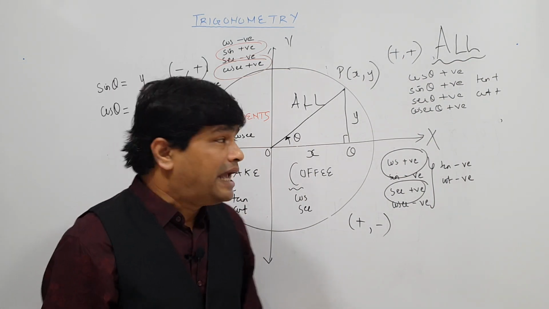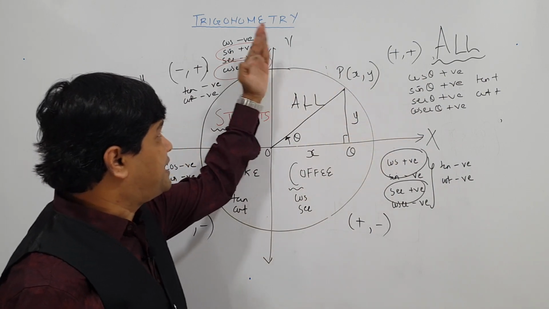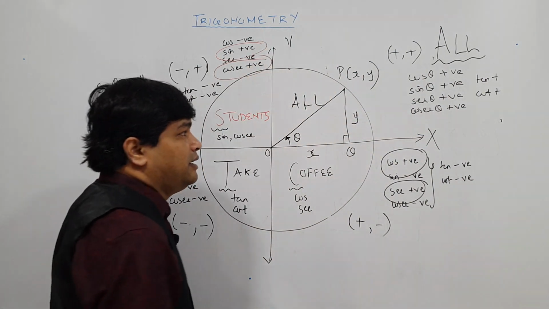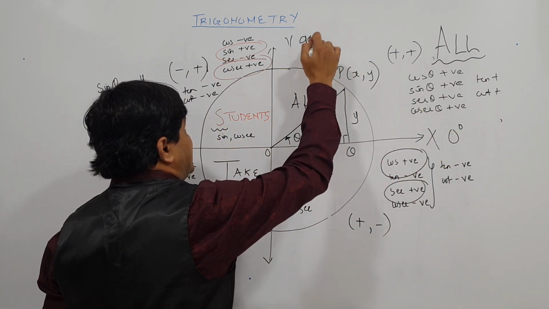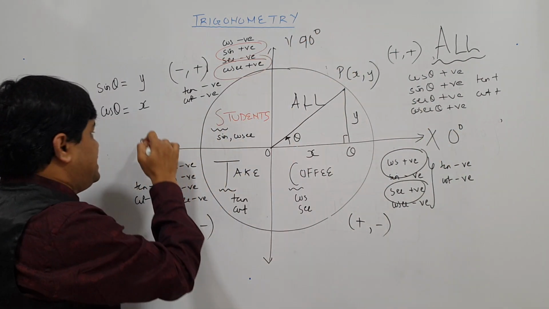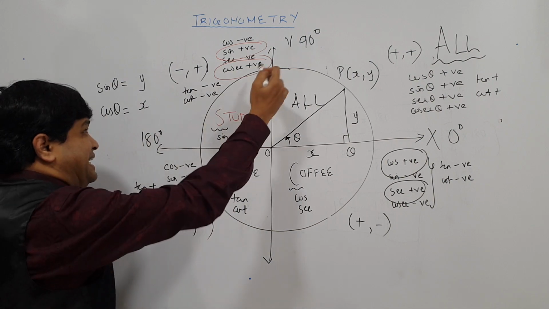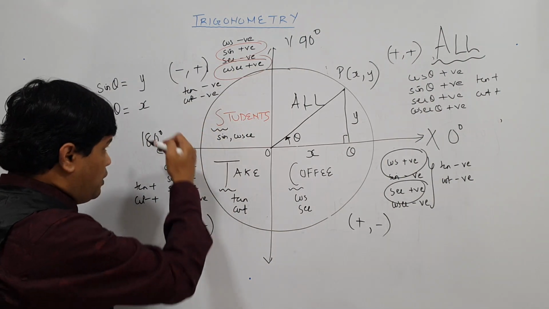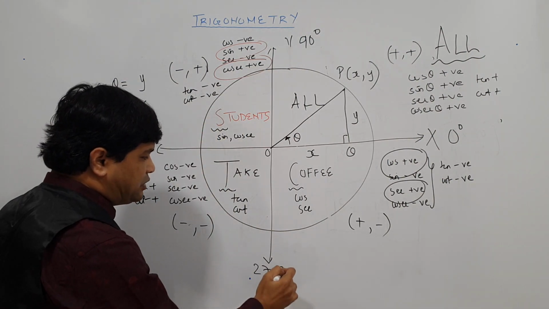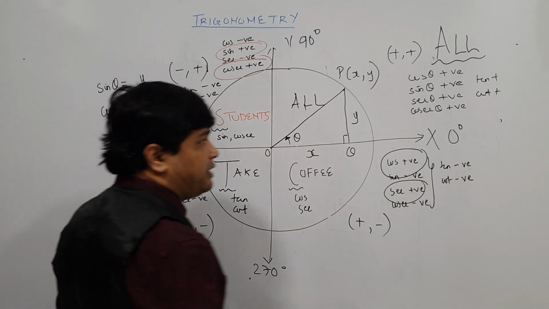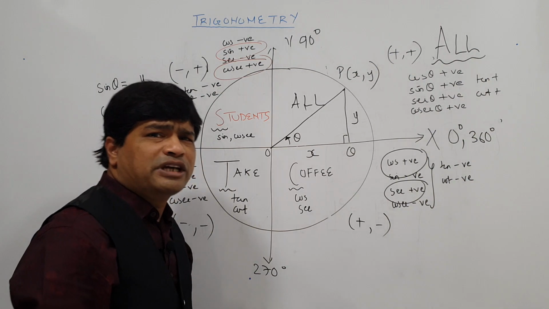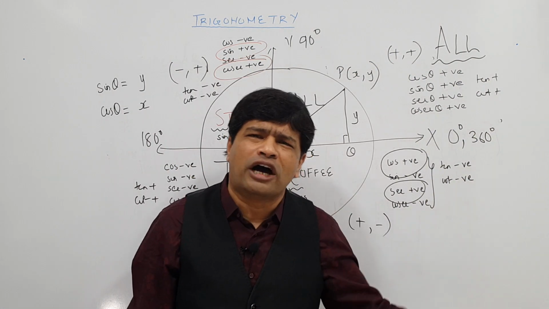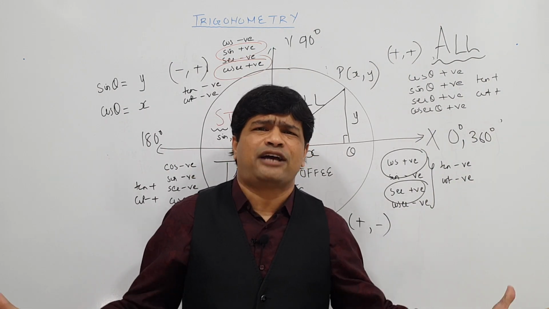Now, every quadrant is at a gap of 90 degrees. So first quadrant starts from 0, ends at 90. 90 ends at 180, quadrant number 2. 180 plus 90, 270, quadrant number 3. 270 to 360. The circular measure system goes on and on and on, thousands and lakhs of angles.